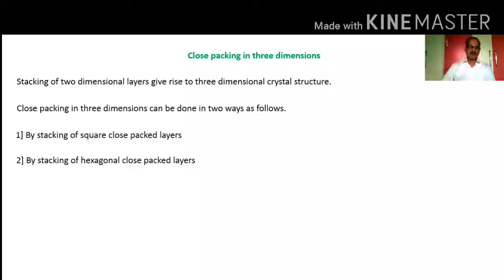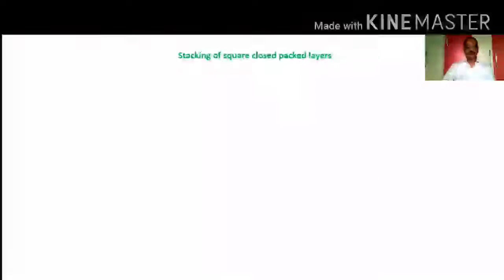The second method is by stacking of hexagonal close packed layers, meaning we will be taking many ABAB type of two-dimensional layers and we will arrange them one over the other to get the three-dimensional arrangement. So first let us see how to stack square close packed layers.